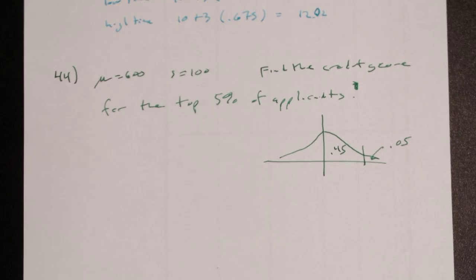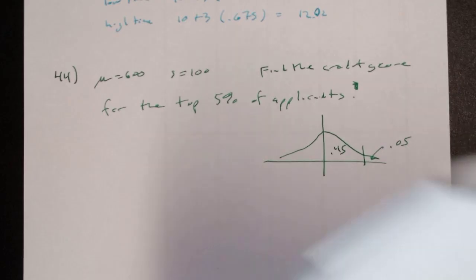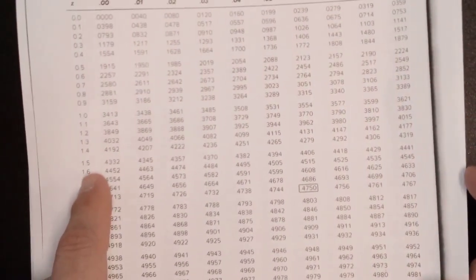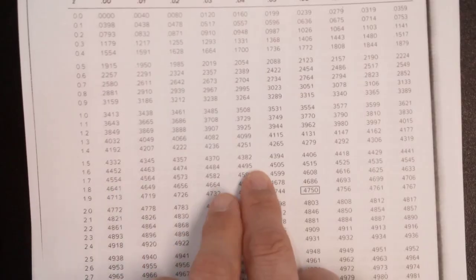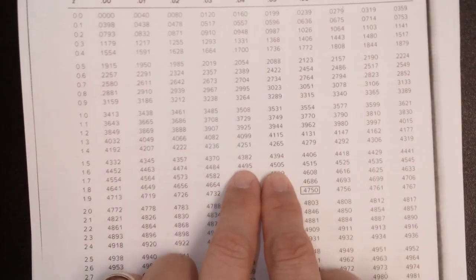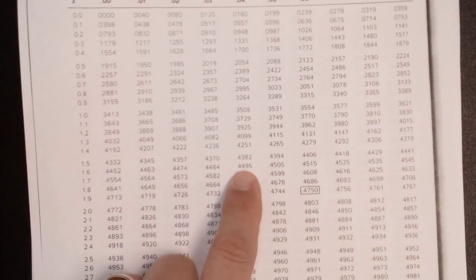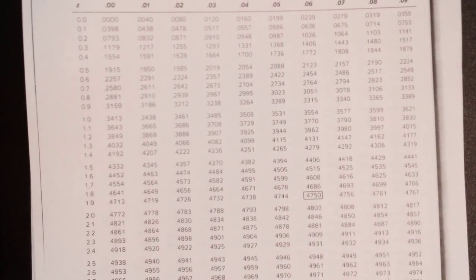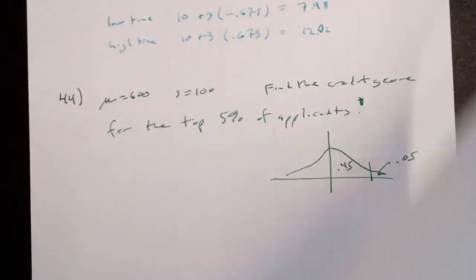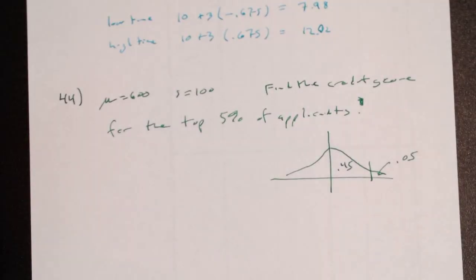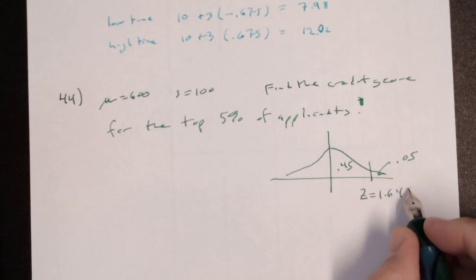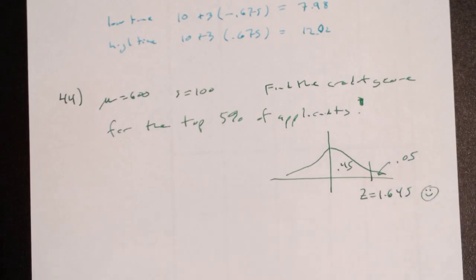I'm going to try and find the number closest to 0.45. Now, you look, it's right in between, isn't it? We'll use 1.645 or 1.64. That's perfectly fine, because it splits the difference so perfectly.